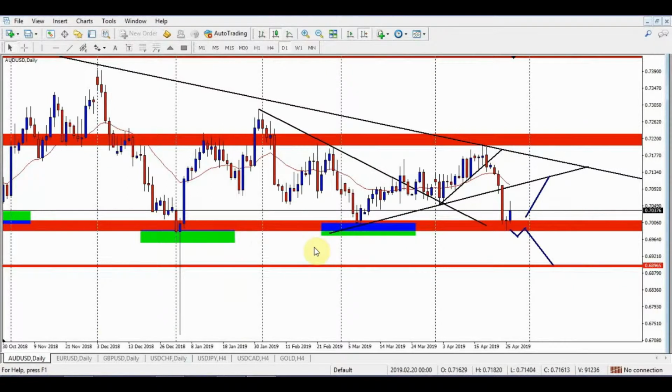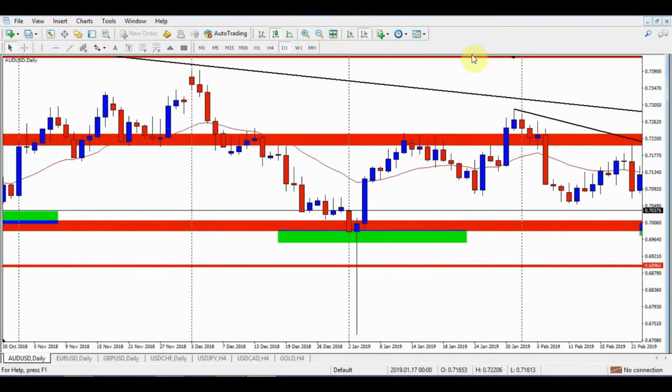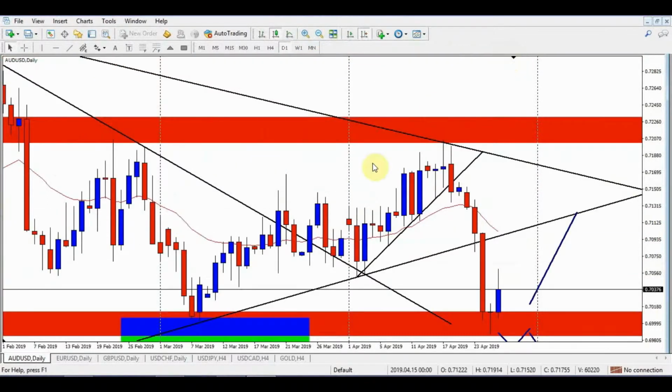But what can we make of this now? From this previous low over here, no one has broken it, only spiked through. No one has closed below it. So we're still looking for some up move inside the market.